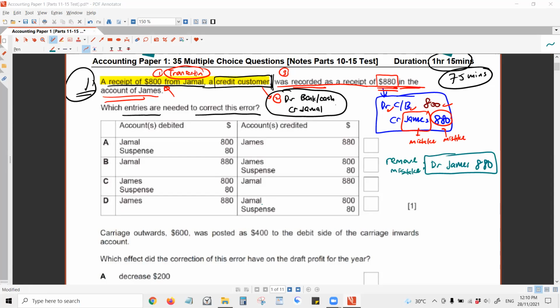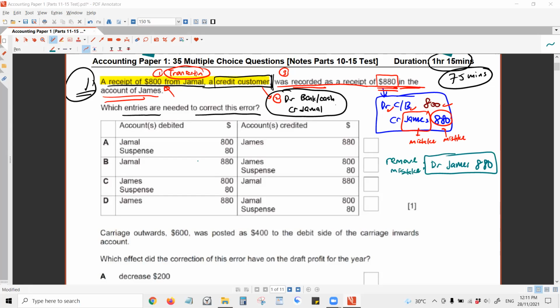Okay, good. Kelly and Crystal understand. I wait for the rest. Chris, okay. Ishin, you're okay with debiting James 880? I'm removing their mistake. Now I continue.